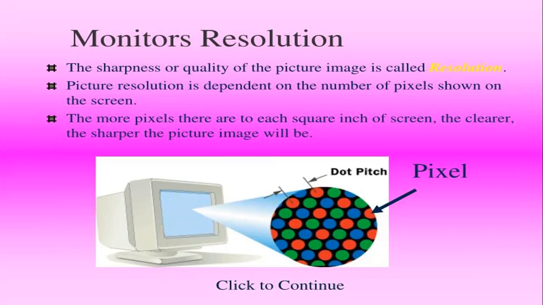So what are pixels? The more pixels there are to each square inch of screen, the clearer and sharper the picture image will be. Pixels are small parts of the screen, and the whole picture is represented in pixels.